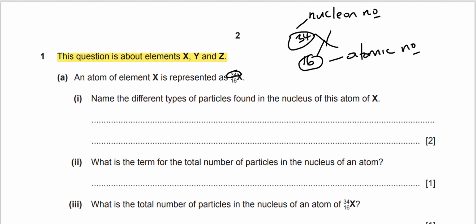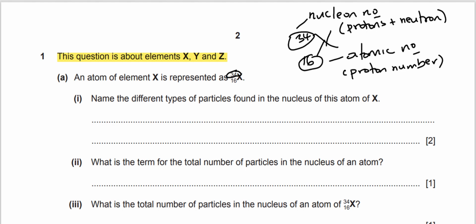And the atomic number is also known as what? The proton number. That's the number of protons in the nucleus of an atom. Well, the nucleon number is the sum of the protons plus what? Neutrons in the nucleus of the atom.